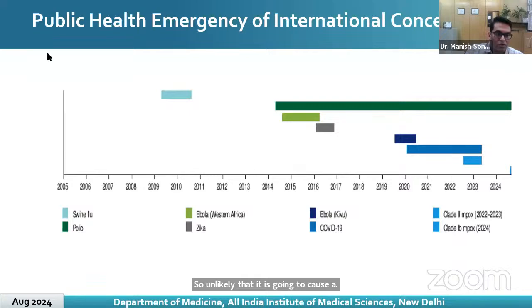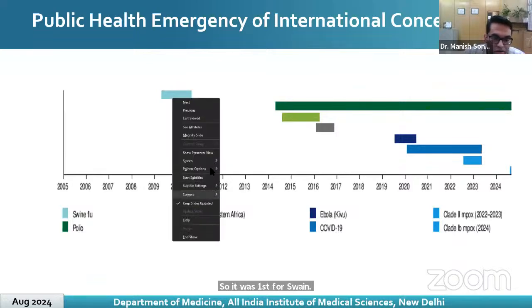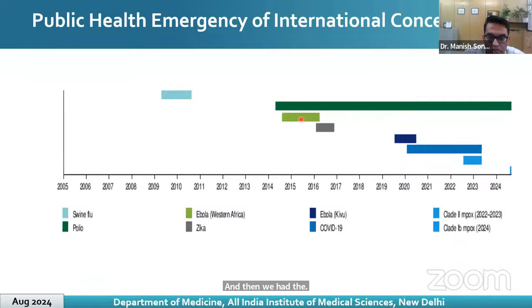But if we look at the public health emergency of international concern, declared since 2005, its inception year, it has been invoked 8 times. It was first for swine flu, and then we had polio, Ebola twice, Zika virus, COVID, and now monkeypox, that was clade 2, and now monkeypox clade 1.